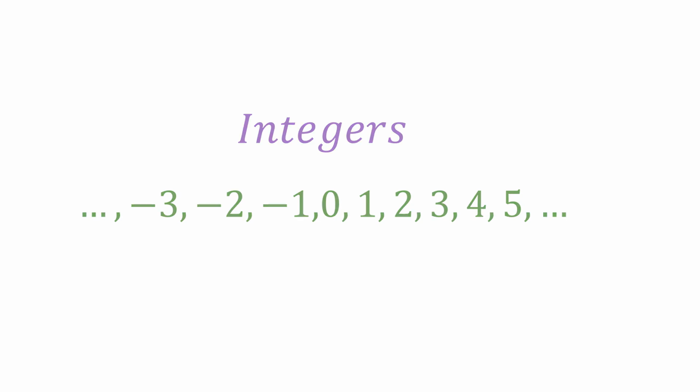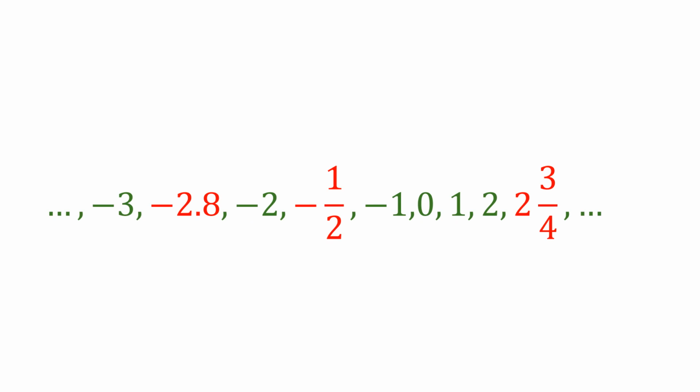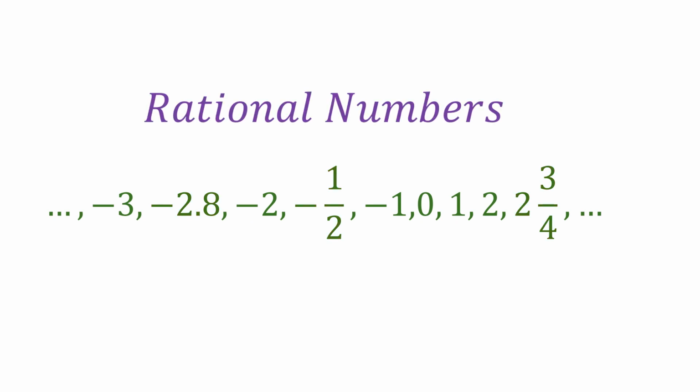And if you include decimals and fractions like -2.8, -1/2, or the positive 2, 3, and 3/4, or any positive decimal or fraction, if you include those with the integers, it will be another set that encompasses the integers, which is what you call rational numbers. So rational numbers include the integers, whole numbers, and the natural numbers.